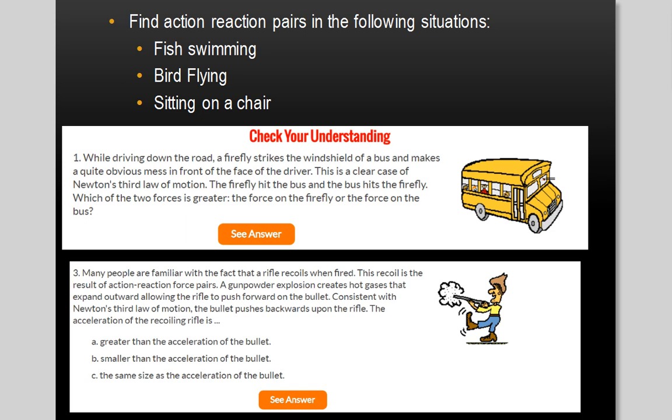They're equal. Good. They're equal, but the masses are different. So that force obliterates the fly. And the bus moves on like nothing even happened.